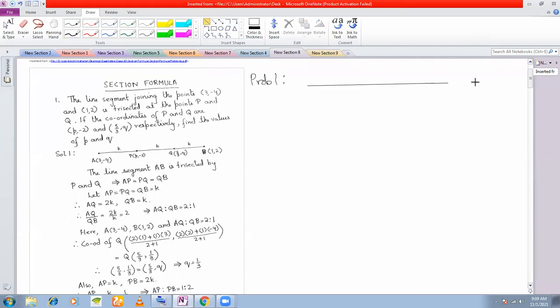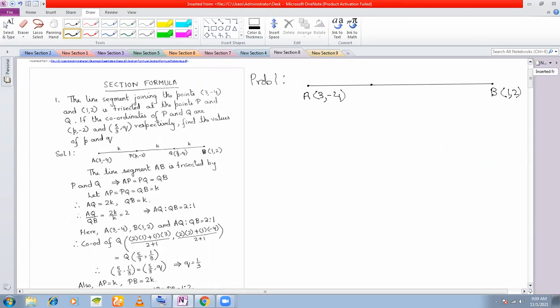You have a line whose end coordinates are given to you. Let us say A is given to you as (3, -4) and B is given to you as (1, 2). Now AB, what do you mean by trisection of AB? Trisection of AB means the division of the line into 3 equal parts.